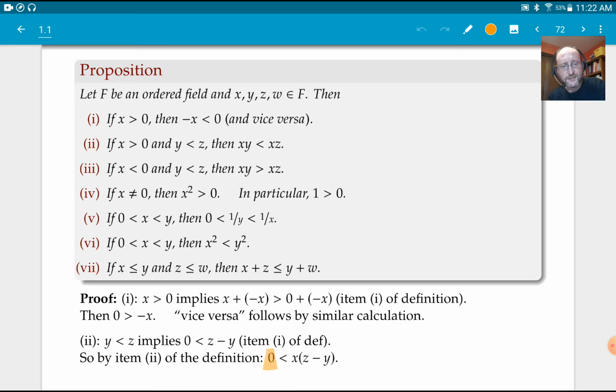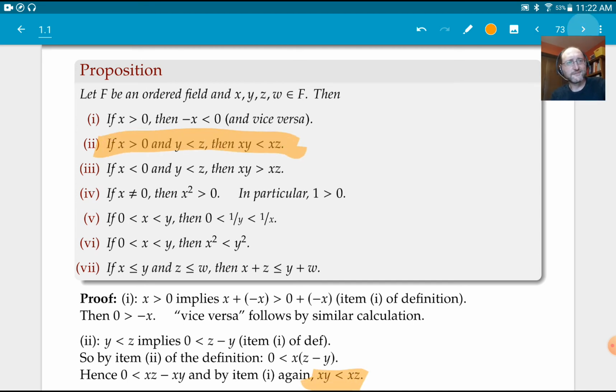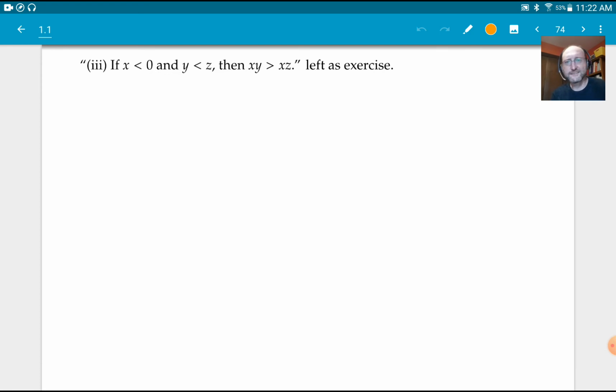So I have 0 is less than x times (z minus y). And so by the distributive law, and then I add xy to both sides, I get the conclusion. So again, a trivial computation. The opposite, part 3, is just an exercise. It's basically the same thing.